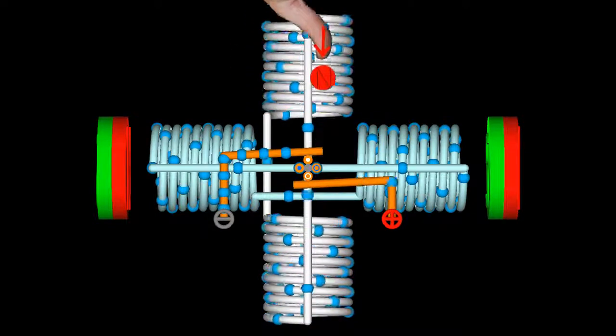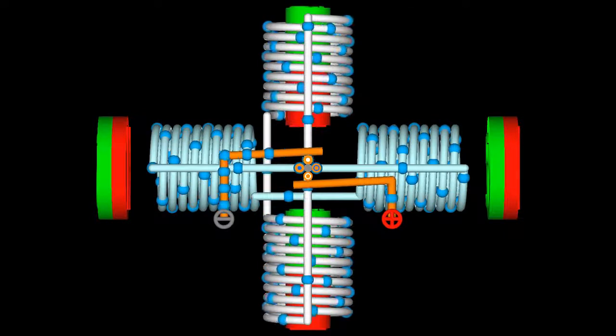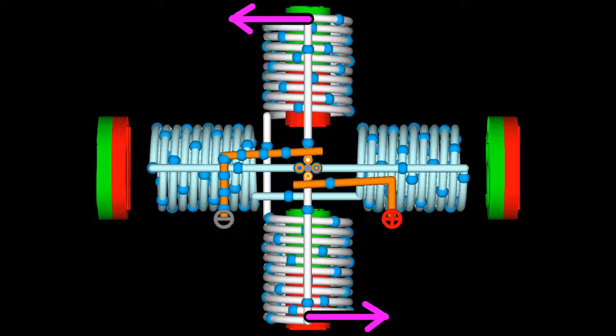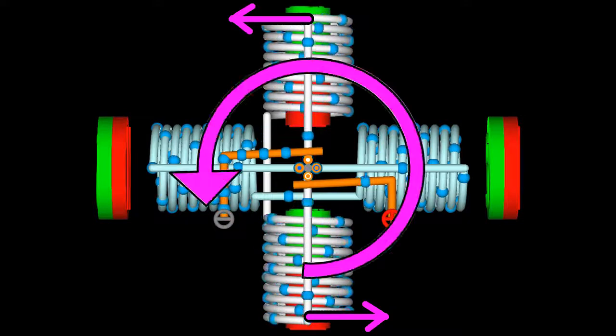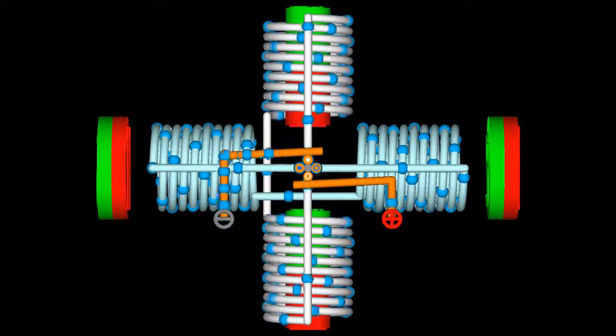Finally, you have to determine the resulting torque. The lower end is pulled to the right, the upper end to the left. Thus, we have the answer to the question. The motor spins counterclockwise.